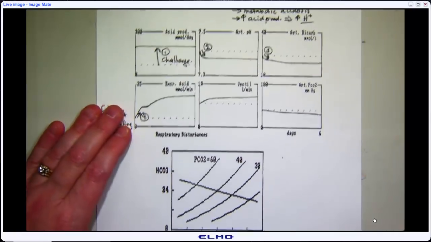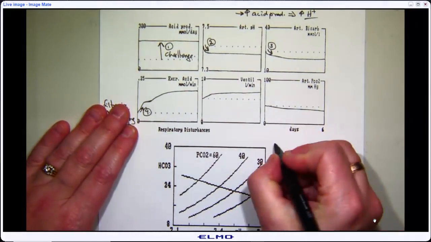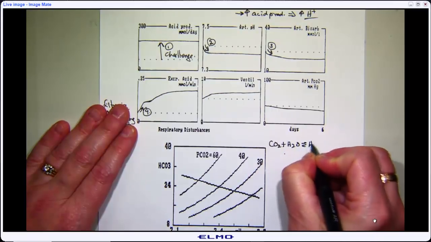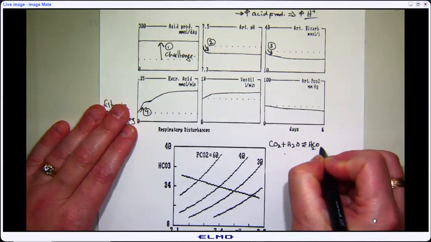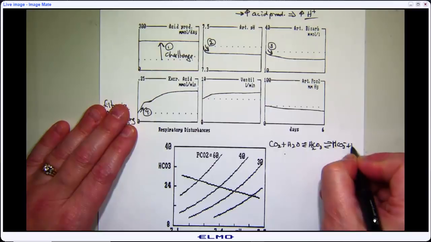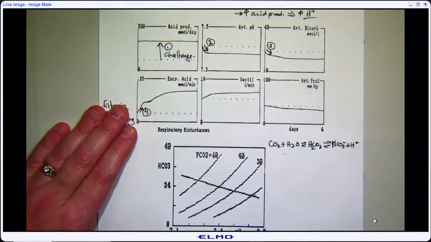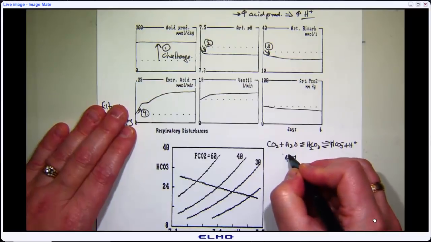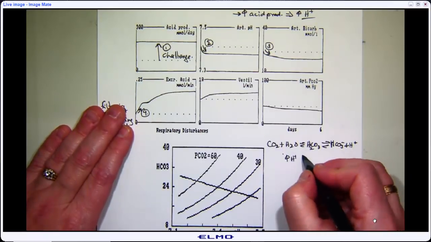So if we think about our situation, CO2 plus... All right, indeed, we already know that we have an increase in hydrogen ion, which would be a decrease in pH.